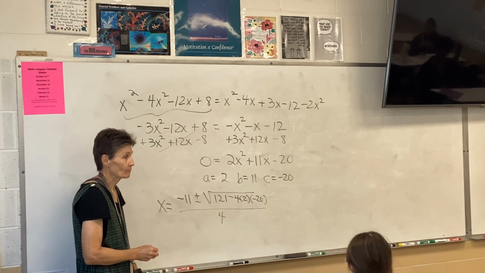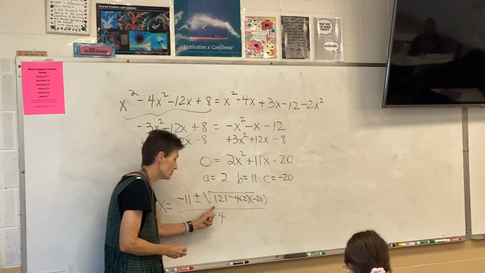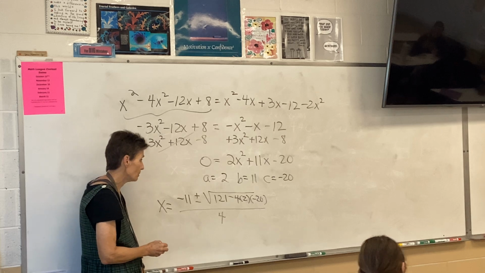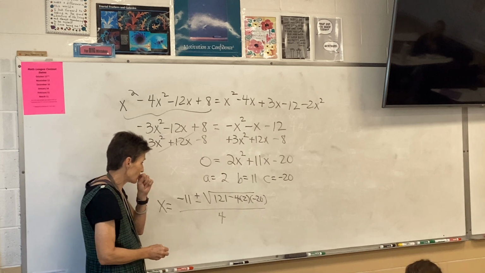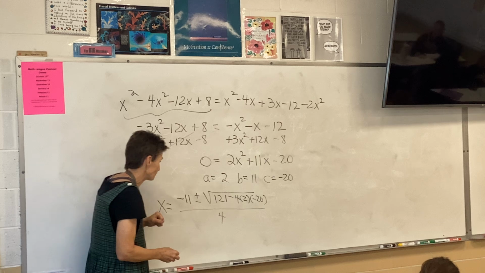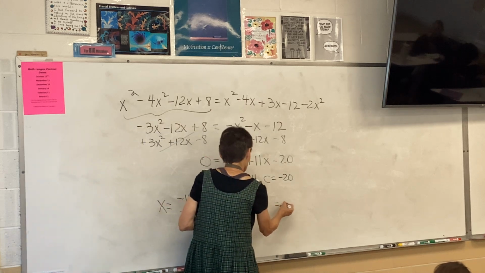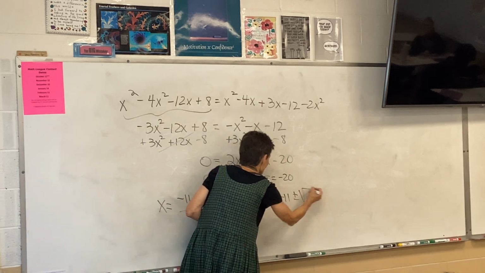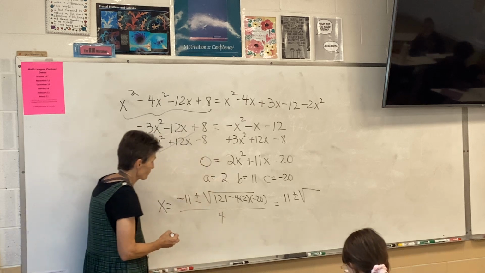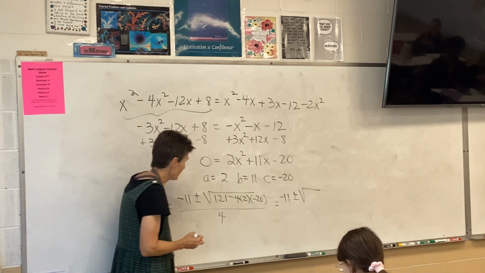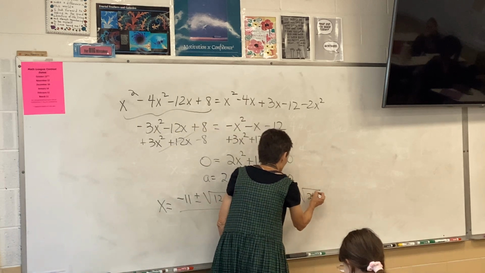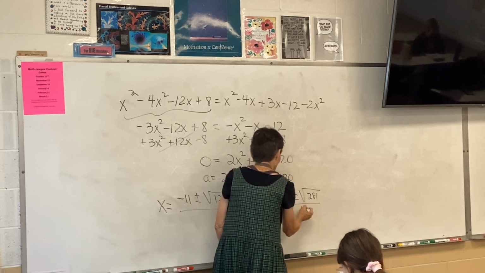Right? Let's clean it up in here. Use your calculator if you need to. It looks like that's gonna be negative 11 plus or minus the square root of 281 over 4.